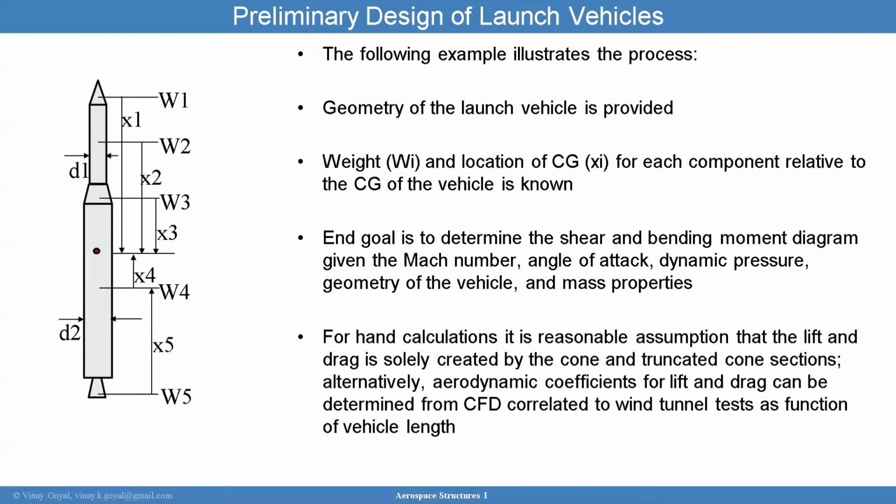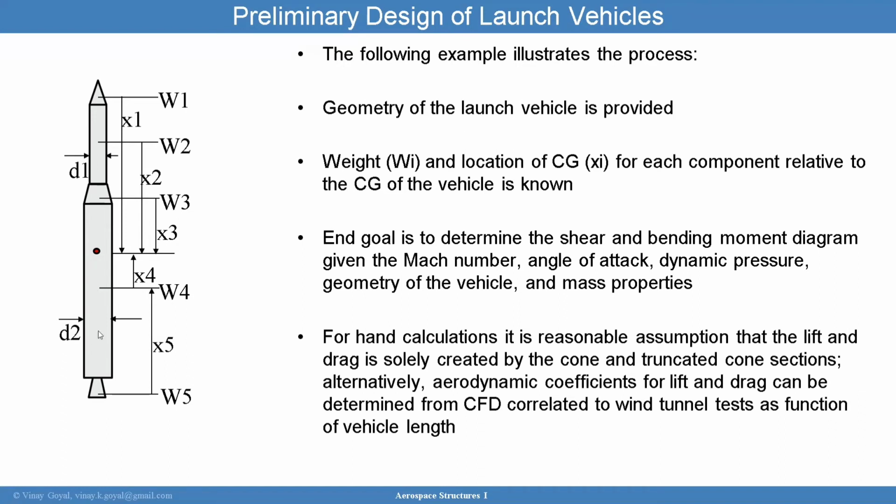So for hand calculations, it is a reasonable assumption that the lift and drag is really solely created by the cone and truncated cone sections. So only this section and this section are the only ones that will cause the lift and drag when this vehicle is at an angle of attack relative to the free stream.